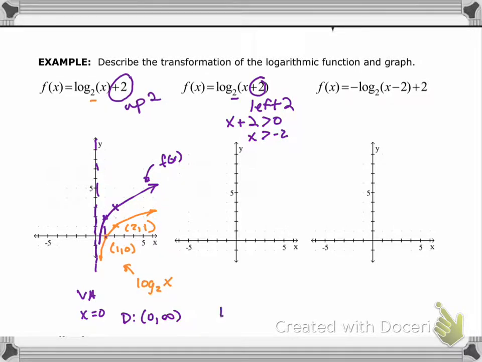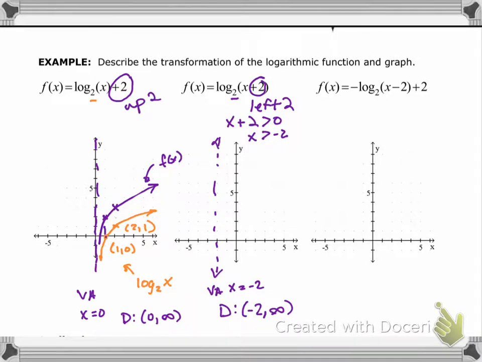So that's our domain, guys, negative 2 to infinity. And that also means that our vertical asymptote is now at x equals negative 2, right here.